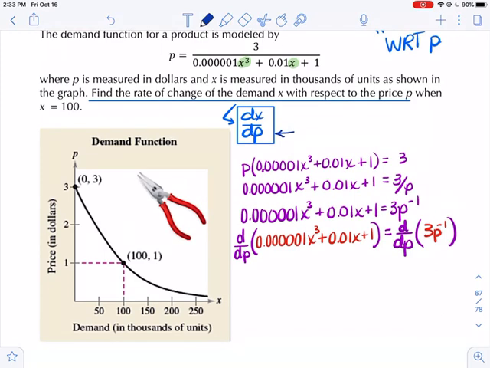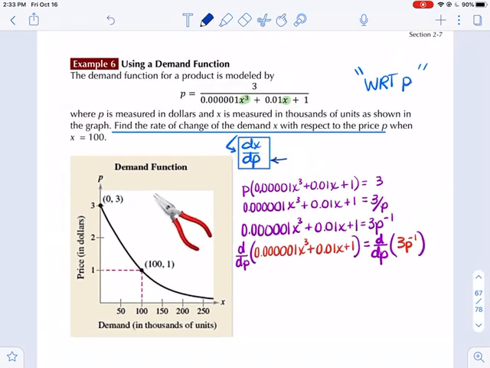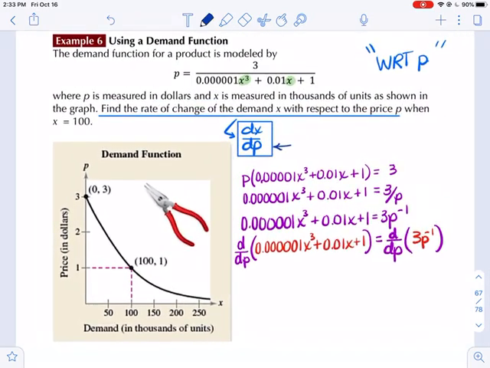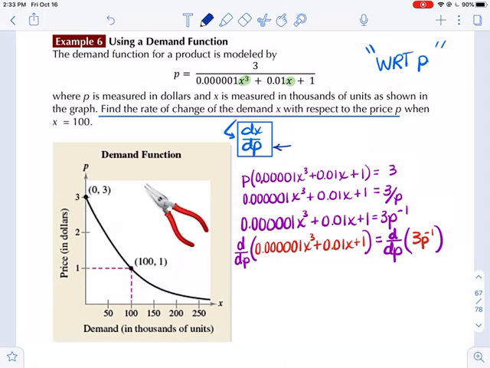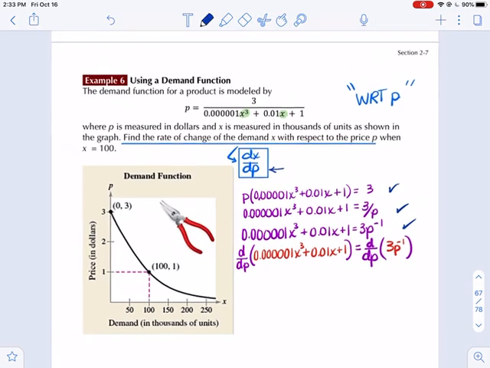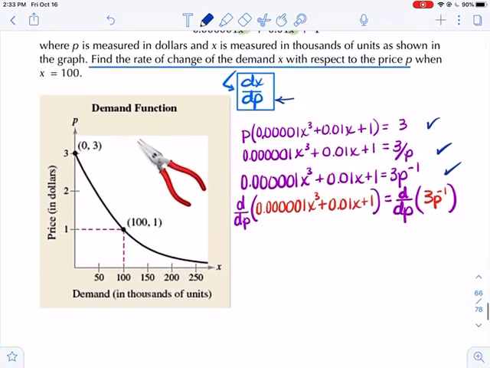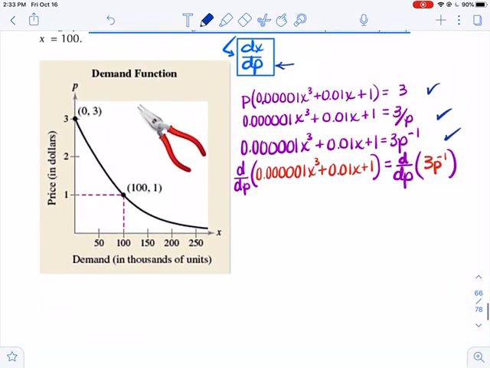So what I'm going to do with this equation is solve it so that on the left side you get all of your x's, and on the right side you have your p's. So I want to take d/dp of both sides of this equation. It's just convenient for me to isolate all the x terms on one side and the p terms on the right-hand side. It's certainly not necessary, but it makes it a little easier.